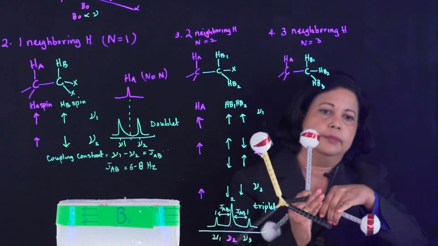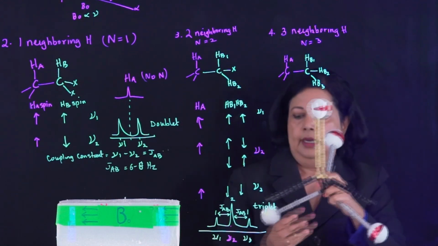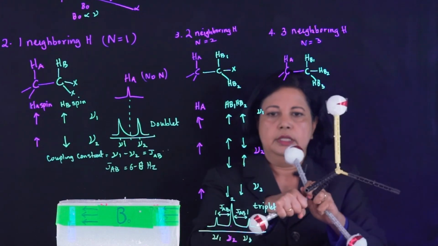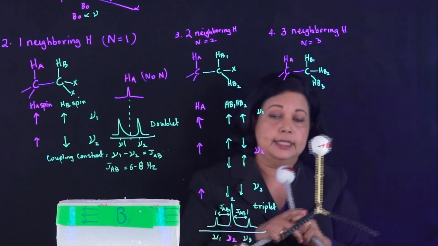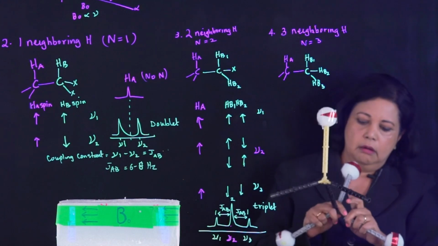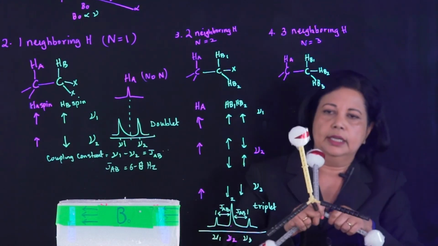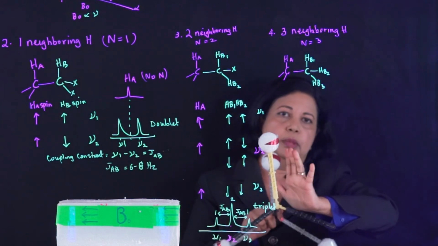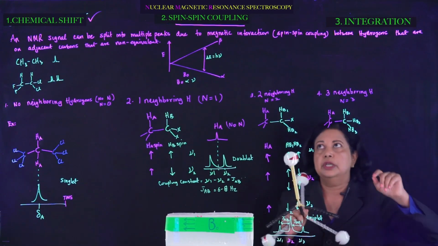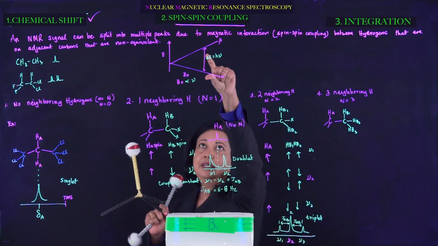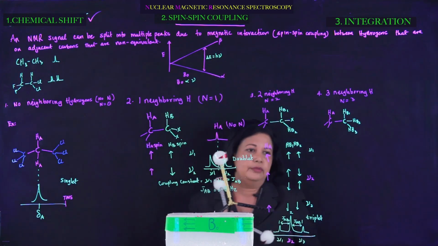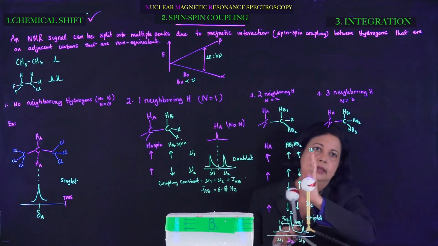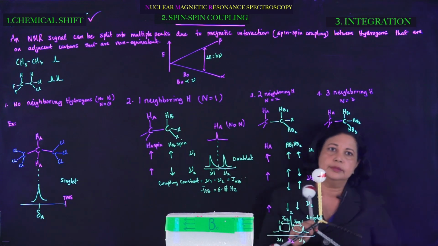So if you have 3 hydrogens spinning in the same direction, they are all going to have magnetic fields that will enhance the magnetic field experienced by this HA. So that's going to increase it a teeny amount, but it's going to increase the magnetic field experienced by this. Therefore, it's going to shift the frequency a little bit downfield.